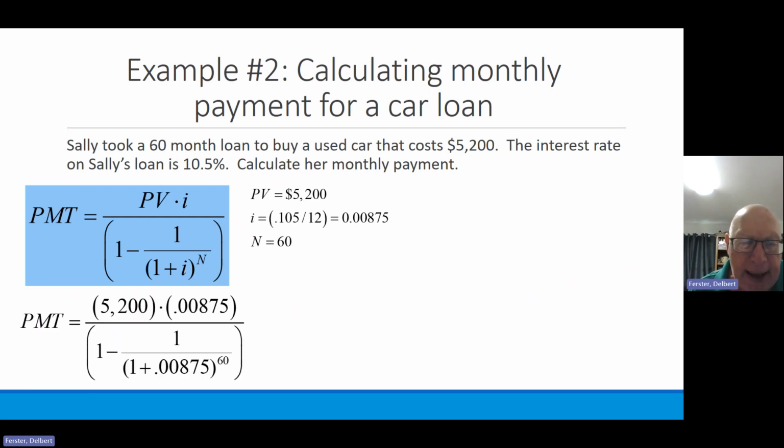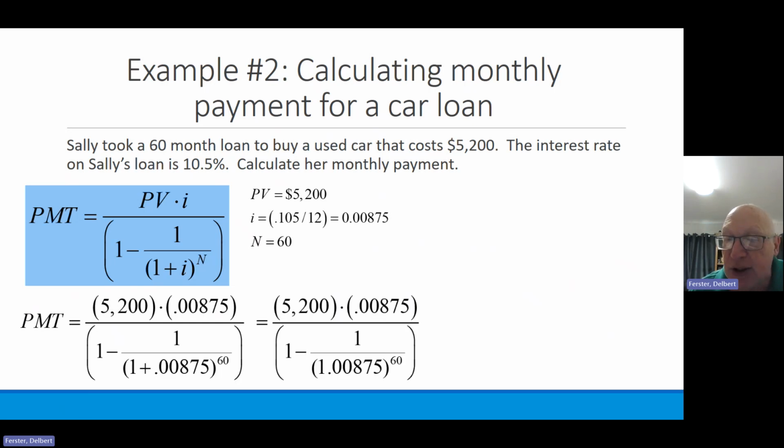There's your plug-in line. Again, a big old mess for us to calculate. Once again, the parenthesis around your denominator is pretty significant. I've taken the liberty of adding 1 and 0.00875. I know you're tremendously proud of my skill. Get ready to rock and roll, grab a calculator, make it go. And you find that the payment for Sally for her loan to purchase this car over a 60-month period amounts to $111.77.